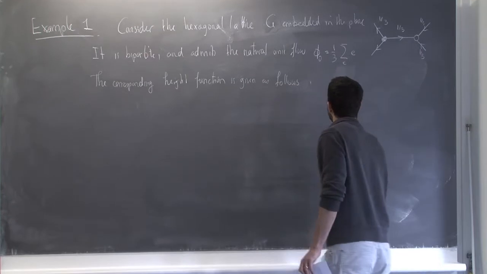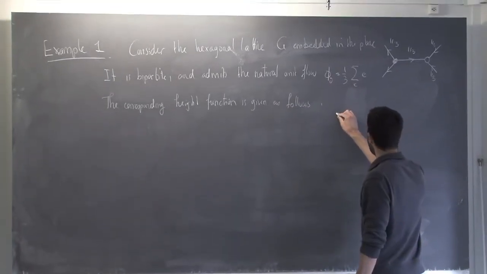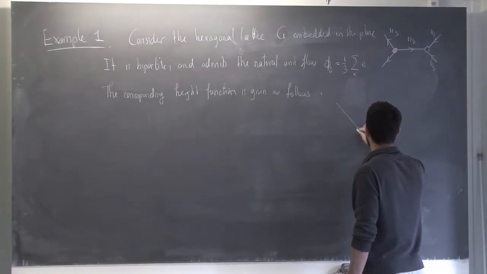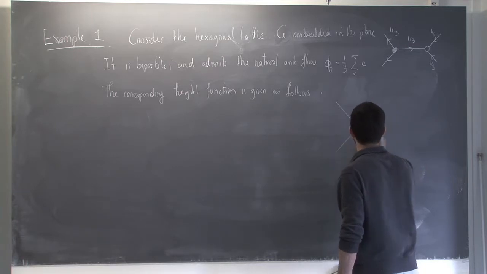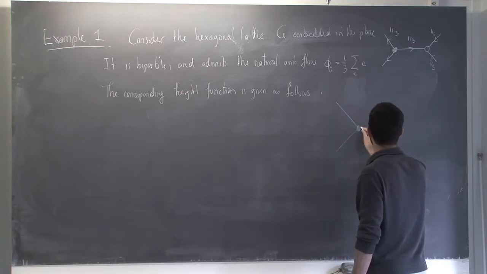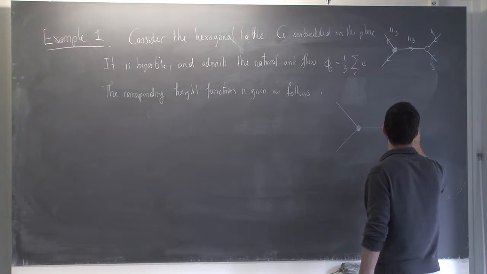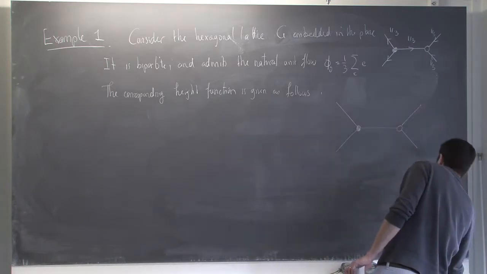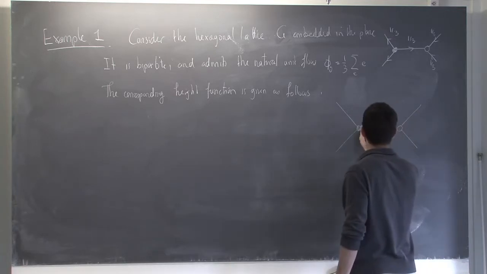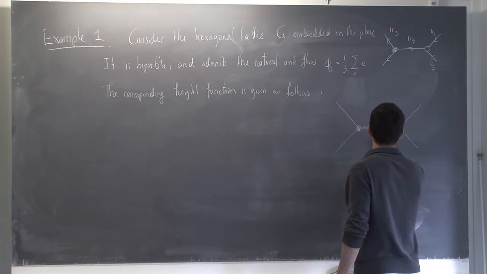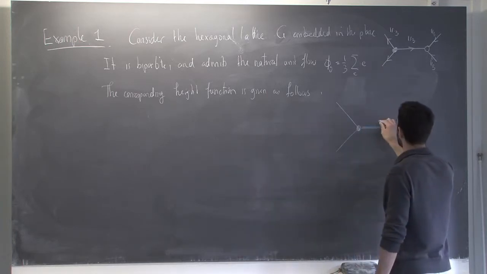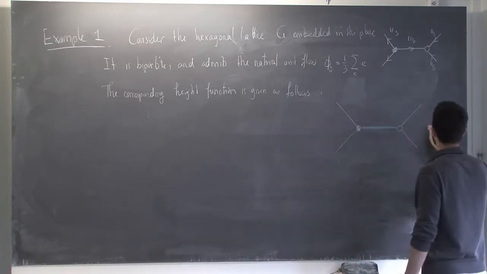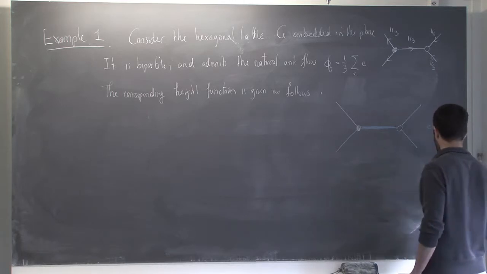I will simply look at a little neighborhood of a dimer, of a matching. So I just take this edge to be an edge of the perfect matching.